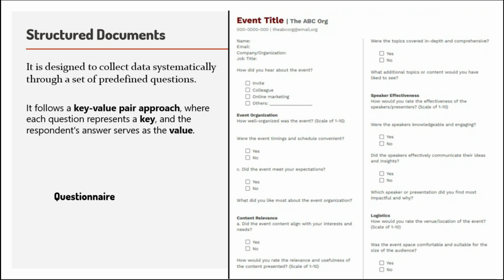Here it follows a key value pair approach where each question represents a key and the respondent's answer serves as the value. You see here, let's say the question, how did you hear about the event? So this is the key, as a field we can say, and the value is the answer here.